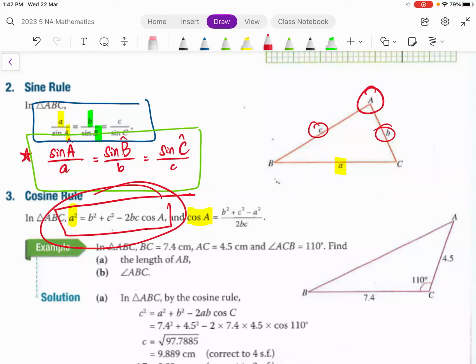Don't go and memorize, because you are expected to be able to make cosine A the subject already. You are expected to be able to do it perfectly, such that you don't need to memorize this. So if you have been memorizing this for your Sec 4 N levels, my advice to you, don't. Go and practice making something the subject. It helps in your fundamentals also. Then one last thing to memorize.